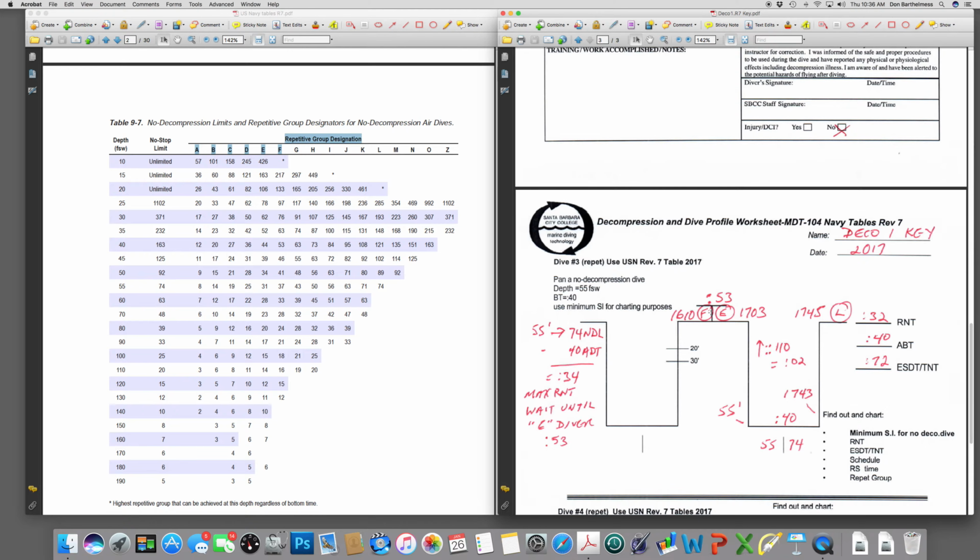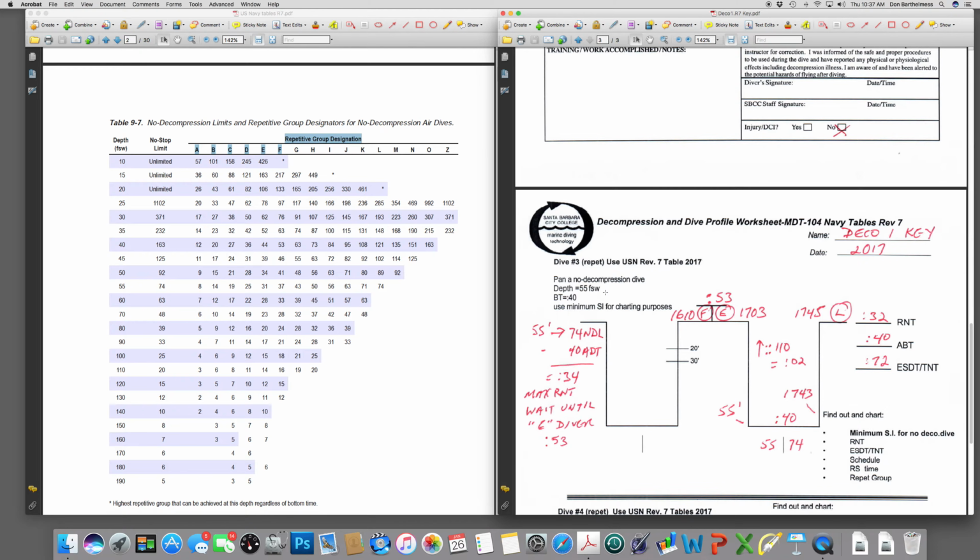Well, you know the diver has F amount of nitrogen in their body, and they're going to have to wait a certain period of time to make sure that they don't exceed the no decompression limit for 55 feet. Well, where do you start? Well, I'm asking you to make a 55-foot dive and not exceed the no decompression limits. So what are the no decompression limits for 55 feet?